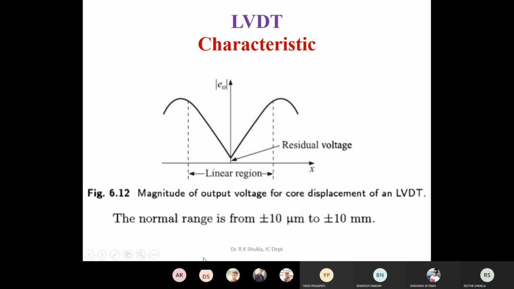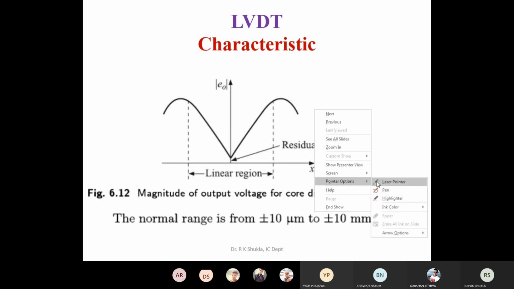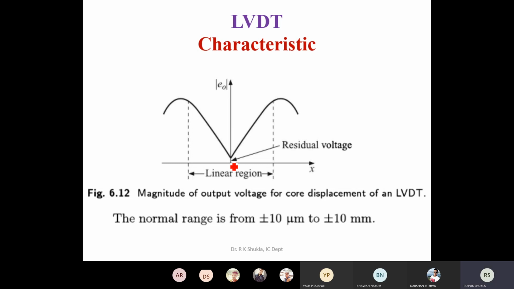So here, what this characteristic indicates is that whenever the core, which is placed in the vicinity of the primary and secondary winding, displaces either on the right side or on the left side, you are expecting that the output also changes linearly with that.